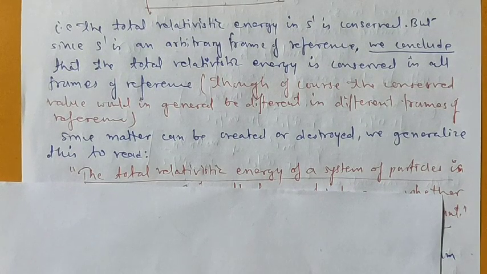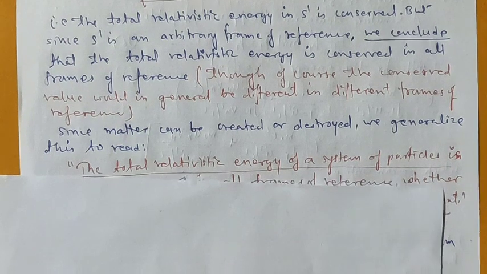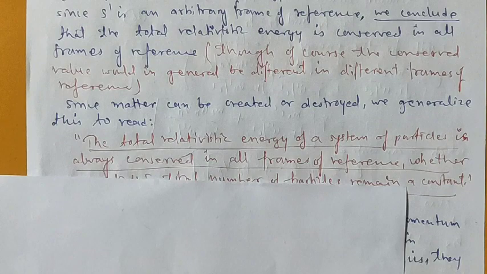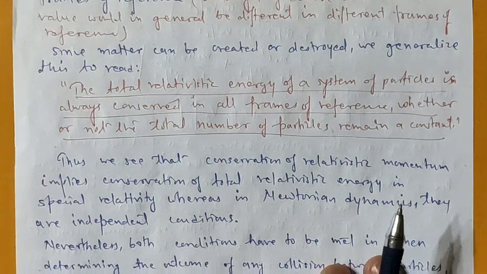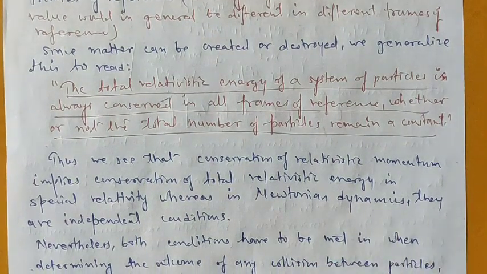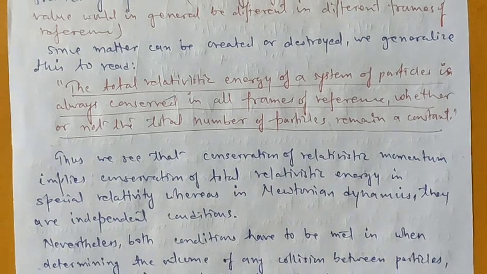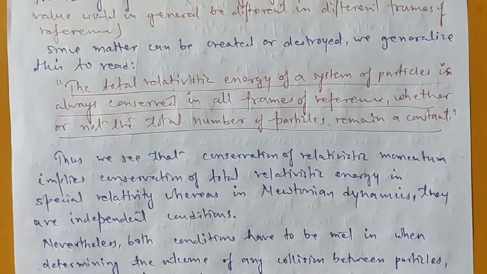Since matter can be created or destroyed, we generalize that to read: the total relativistic energy of a system of particles is always conserved in all frames of reference, whether or not the total number of particles remains constant. It means that whether the number of particles remains the same or not, the total relativistic energy remains the same. Suppose two particles stick together, or one particle creates two particles. In both cases the number of particles is not constant, but the relativistic energy must be constant.